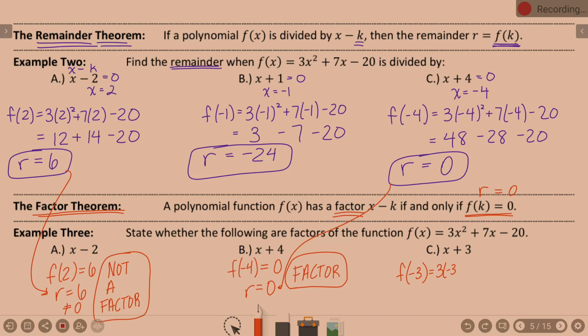So 3 times negative 3 squared plus 7 times negative 3 minus 20. 27 minus 21 minus 20 is negative 14. So we just found the remainder to be negative 14, and that does not equal 0. So this is not a factor.